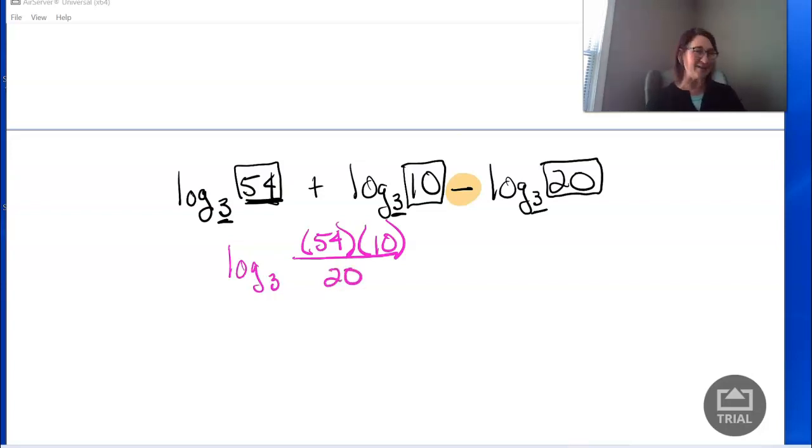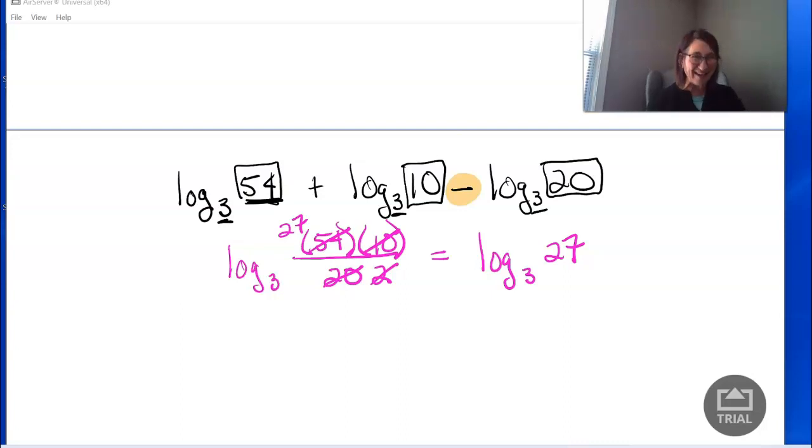Now, I can actually simplify right here. 10 goes into 20 2 times. 54 divided by 2 is going to give me 27. This is crazy. So this is going to give me log base 3 of 27.